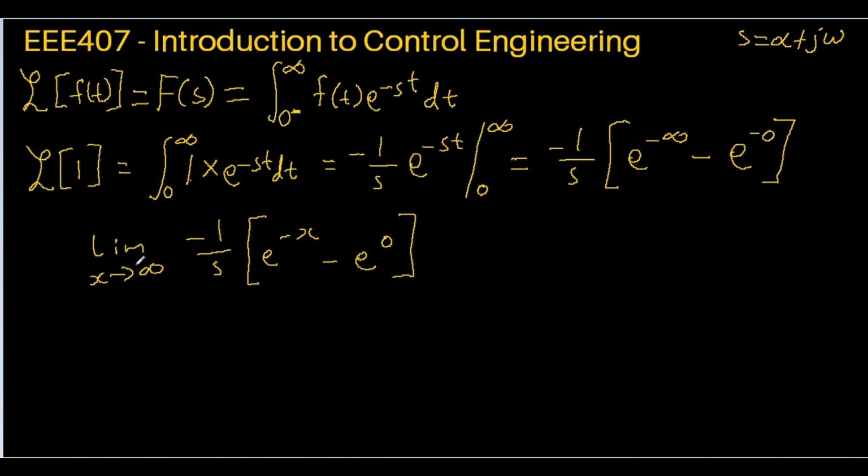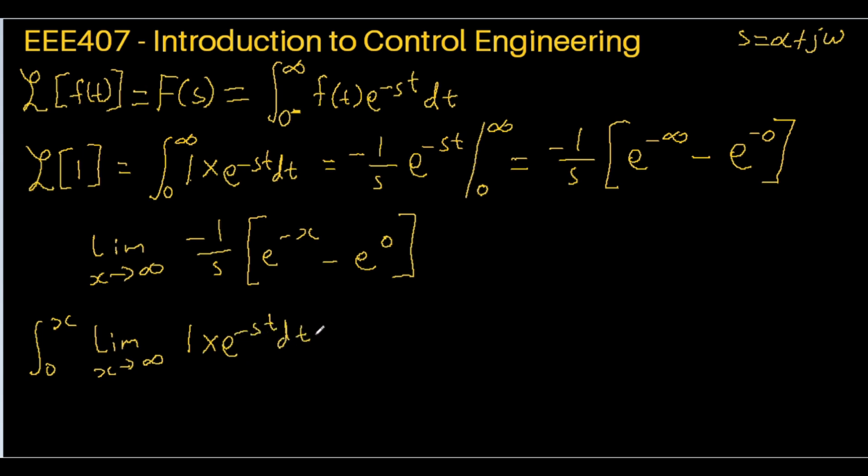Maybe I should leave out this expression I just wrote, because it is rather confusing. What I should have done is find the integral from 0 to x of 1 times e to the power of minus st dt. So let's back up just a little. I shall find the integral from 0 to x, and take the limit as x tends towards infinity, of 1 times e to the power of minus st dt.